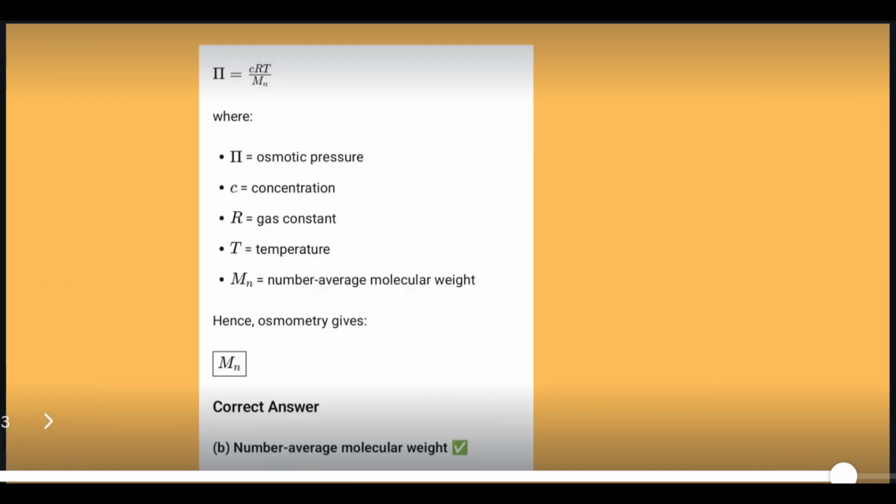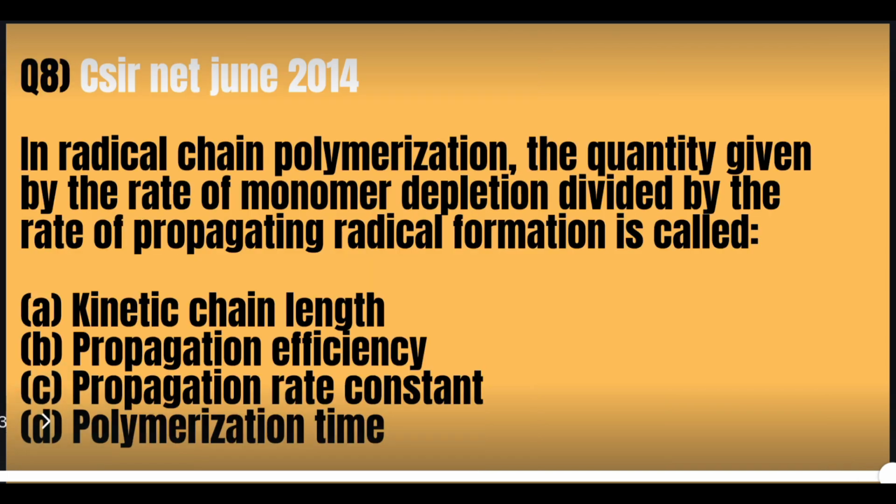So, pi is equal to CRT divided by Mn, where pi is osmotic pressure, C is concentration, R is gas constant, T is temperature, and Mn is number average molecular weight. Hence, osmometry gives Mn. So, the correct answer is option B, number average molecular weight. I hope you understood. Next, we'll move to the 8th question.